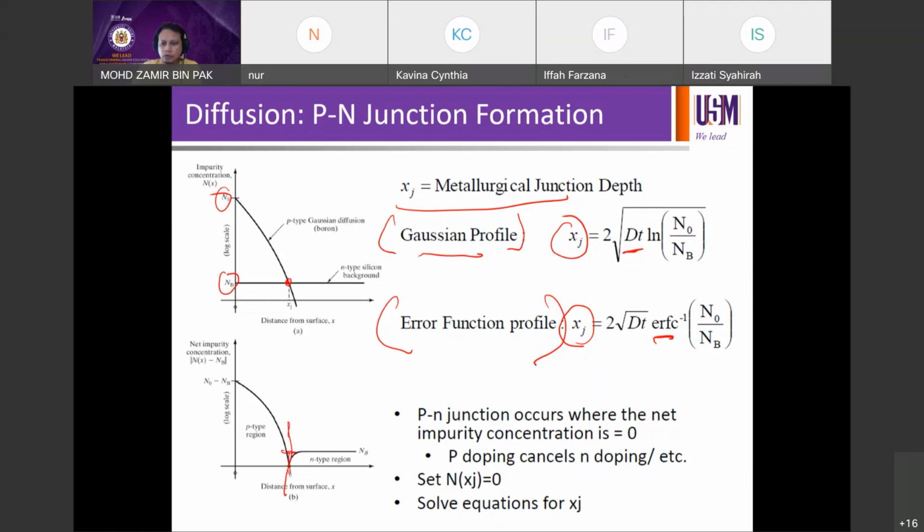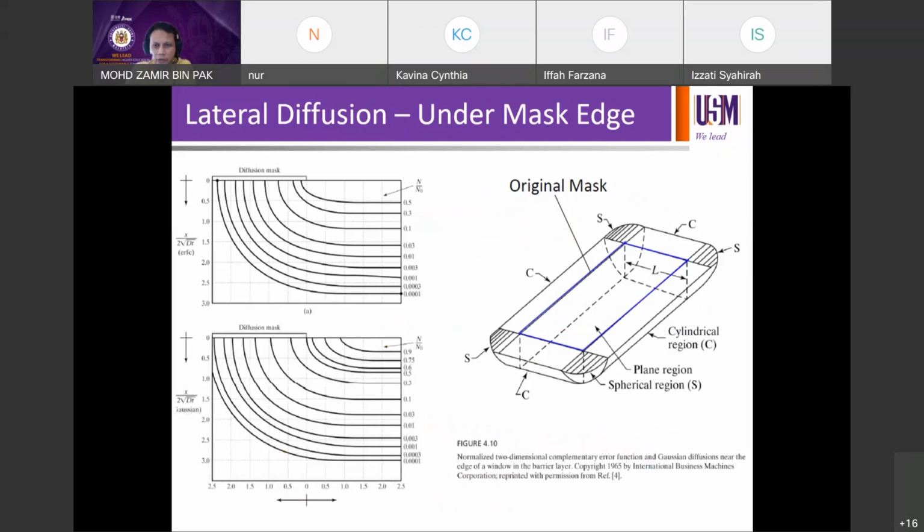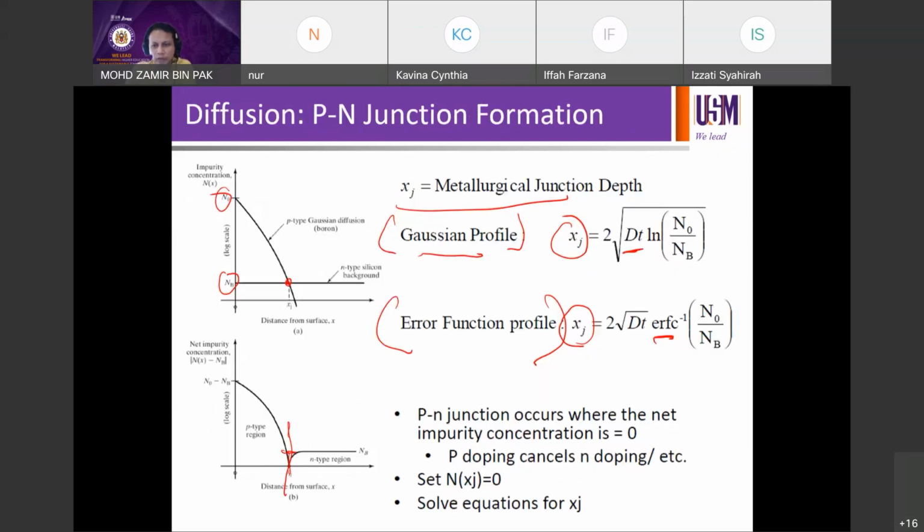So if you have your information given, Dt is given, and NB is given, you can then calculate the junction depth of your Gaussian or error function profiles, depending on which process you are using. For example, let's test. If you're running a pre-dep process, which formula are you going to use in order to calculate your junction depth?